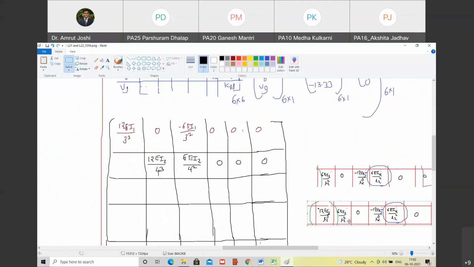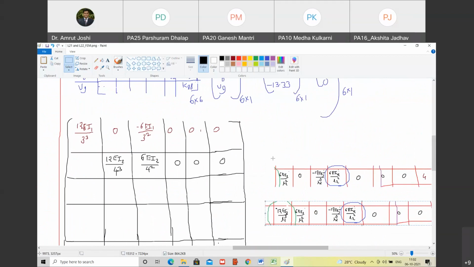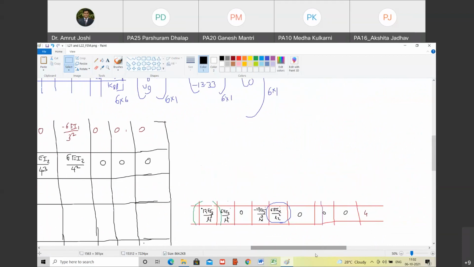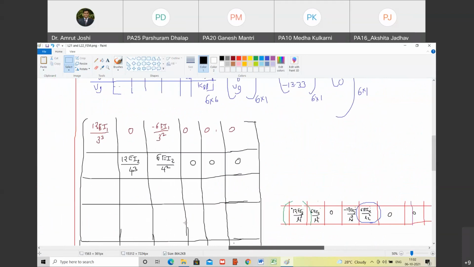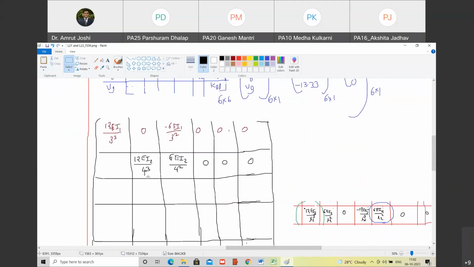So 12, then 6, then 0. No, some error. So 12 EI2 upon 4 cube, 6 EI2 upon 4 square, then 0. Then we have 12 EI2 upon L square.